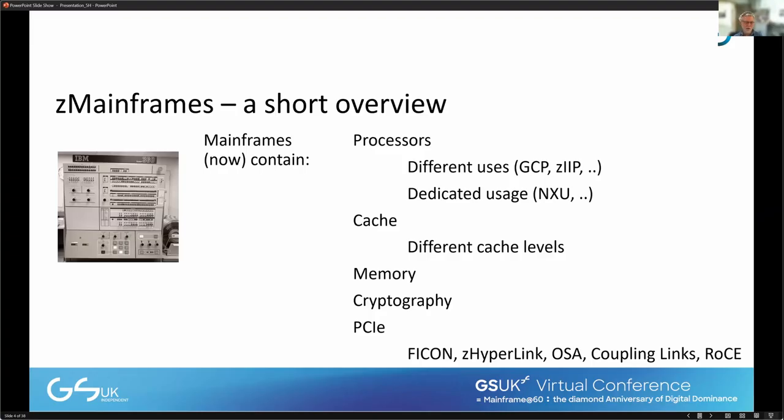So a very short overview, mainframes. Now mainframes, a little bit different to the way they were with the 360, contain various items, as you can see on the right-hand side. Processors, cache, of course, memory, of course, additional cards, PCIe cards with I/O infrastructure. So the mainframe is complex and has become more complex.